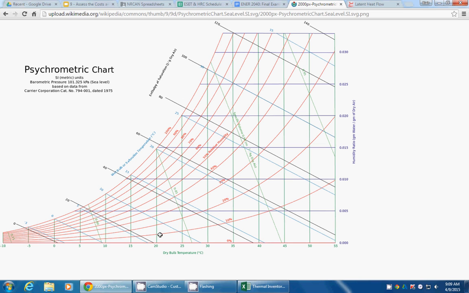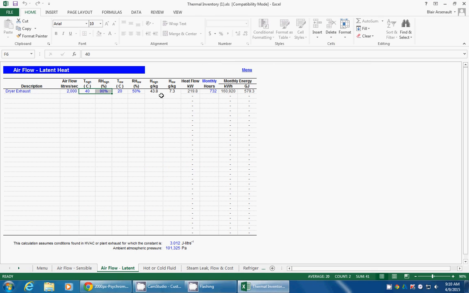So in our case, it would be 20 and 80. And we come across over here, and here is that humidity ratio piece. And we're looking at about 0.012 approximately, which coincides with our... oh yeah, I got to put in the temperature.